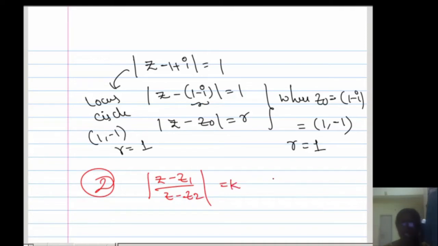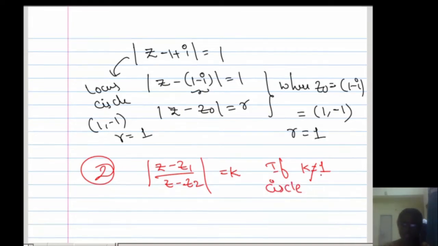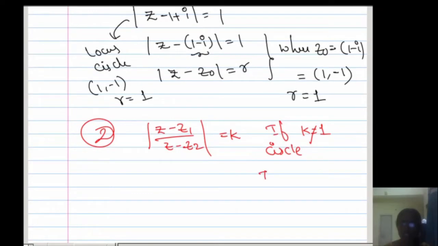If k is not equal to 1, it represents a circle. If k is equal to 1, it represents a straight line. Already I discussed this; this is how to remember it in a shortcut way. The straight line is nothing but the perpendicular bisector of z1, z2.